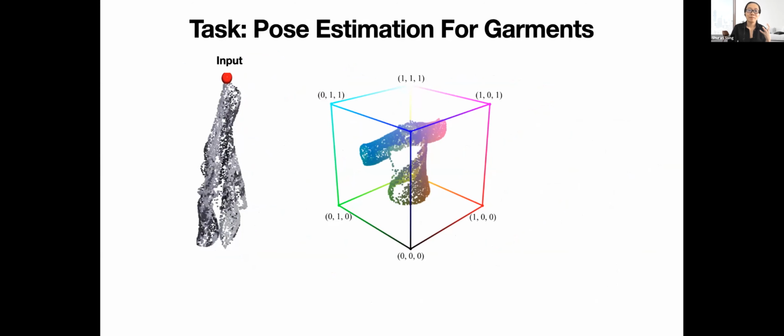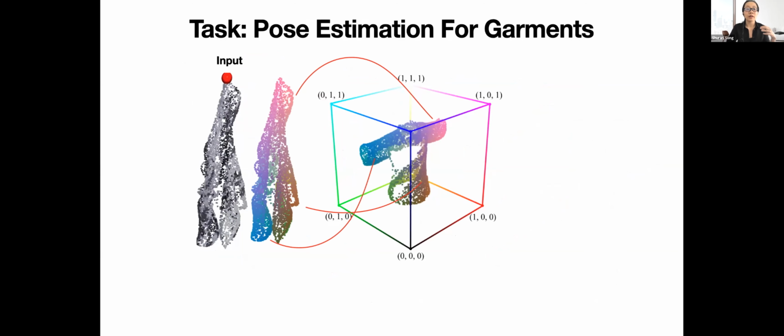With this category level pose estimation, we can now finally define the task. Given a partial observation of unseen garment instances, the goal of the algorithm is to map all the observed points into a category level canonical space. But how about the unobserved surfaces? Well, remember, we no longer can use the rigid body constraints to solve those positions using RANSAC.